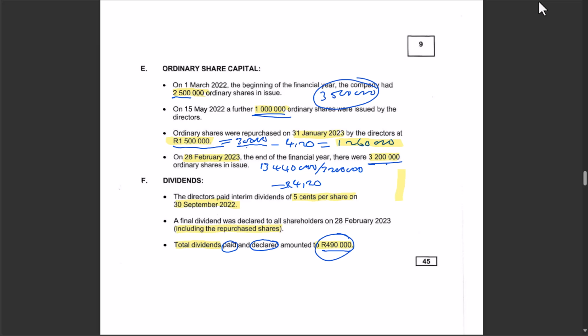So what you are calculating is the dividend per share, which is the total dividends divided by the total number of shares. Remember the 300,000 shares here, these ones qualified for the dividend. So in calculating dividend per share, we use the total dividends during the year that qualified for a dividend.